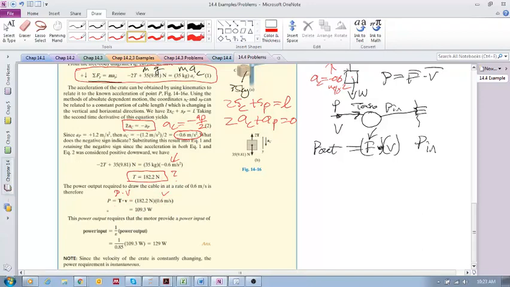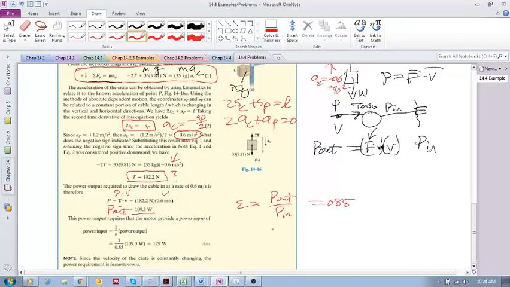Very good. This is now power out. This is the power that the motor is delivering. Okay? Now we need to find, what do we need to put into the motor in order to get this? Well, we know that efficiency is P out over P in, and we know that efficiency is 0.85.